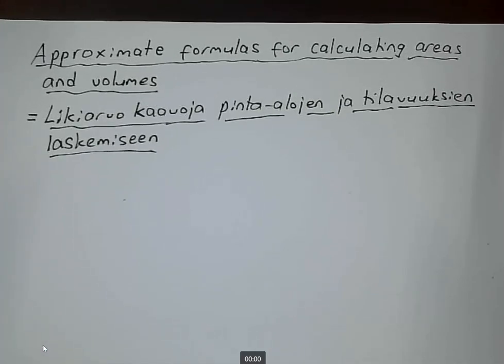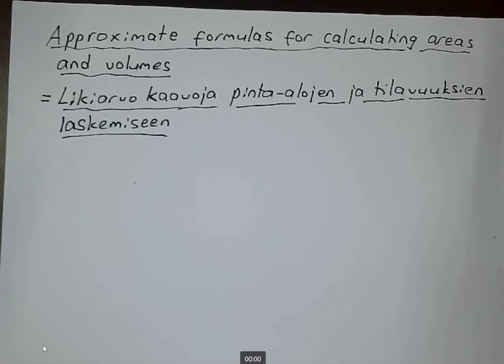Okay, let's continue with approximate formulas for calculating areas and volumes. This means the situation when we have some kind of figure or area which does not have any specific form.